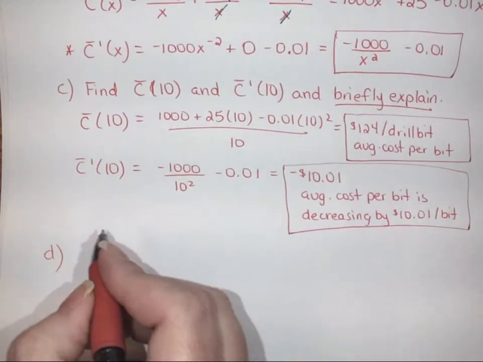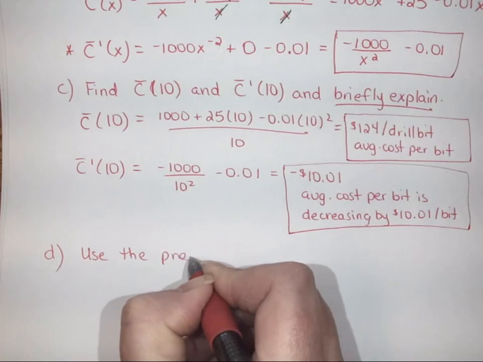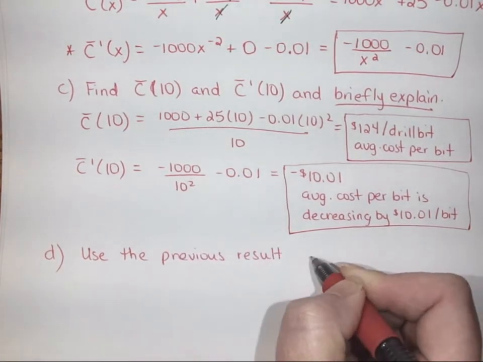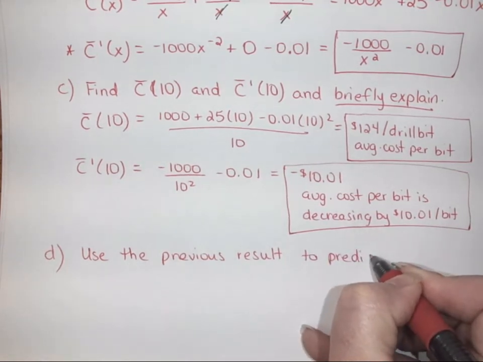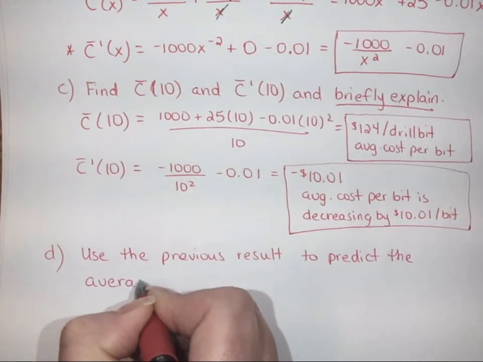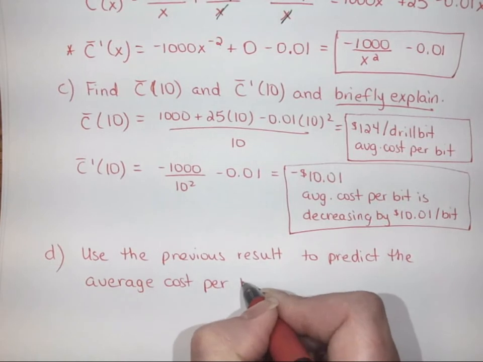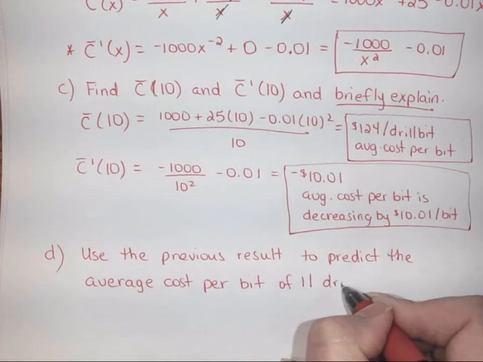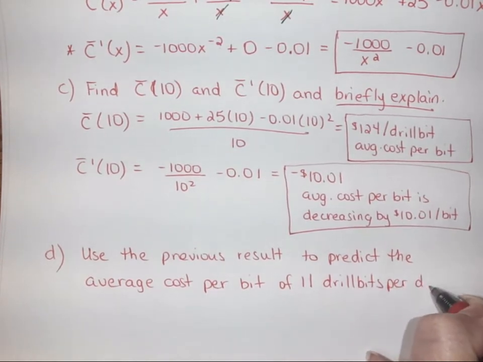All right, and then the last question on this problem, I want you to use the previous results to predict the average cost per bit if we bump up to 11 bits. So notice all of those previous numbers in part C were if we were at a production level of 10. And so I am asking you about one more, right? The next one.